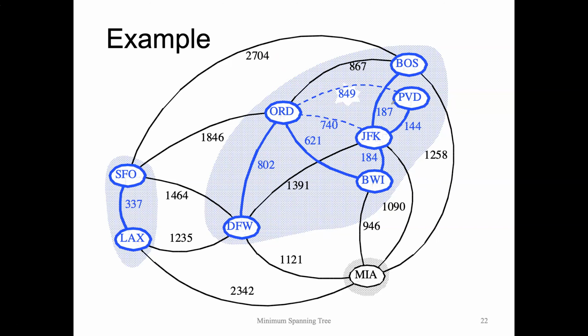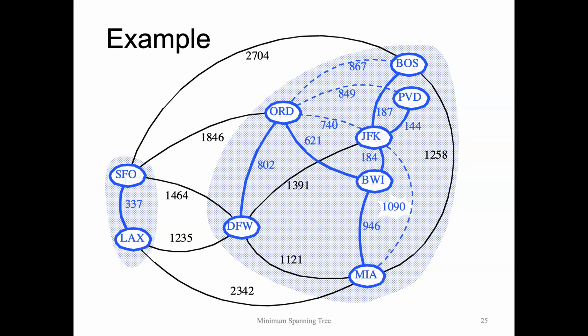Same thing for this edge 867, so we keep processing edges in ascending order by edge weight. The next one that we're going to look at is this edge 946, which connected two vertices that weren't connected already. Then the edge 1090, because those vertices were already connected, we don't include that edge.